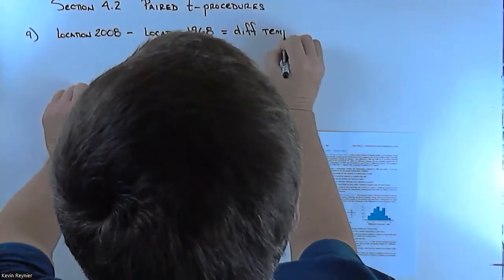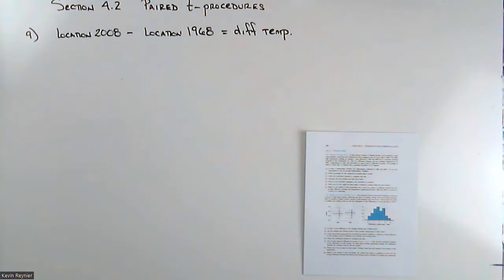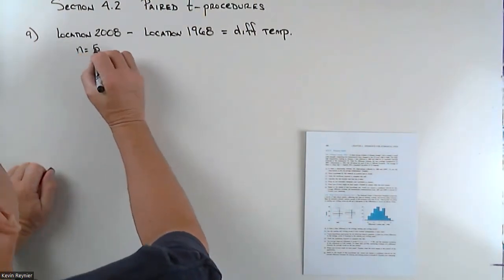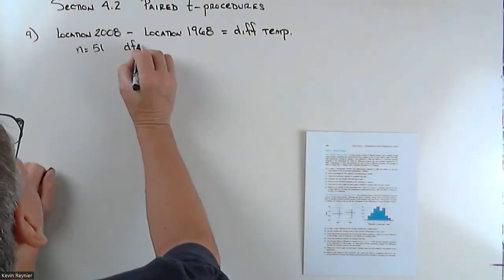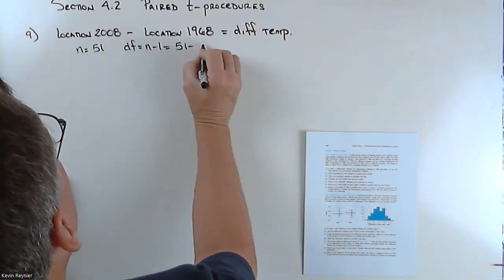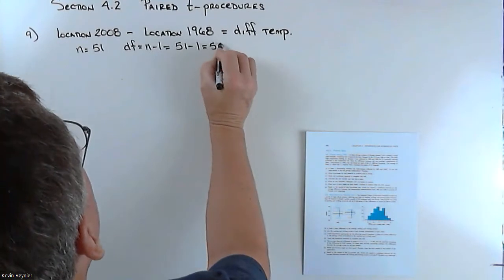And the way the problem has identified the difference is we're going to take the temperature in 2008 minus the temperature in 1968. And we did this for 51 locations. So N for us is 51, which means our degrees of freedom, which is N minus 1, is going to be 51 minus 1, or 50.